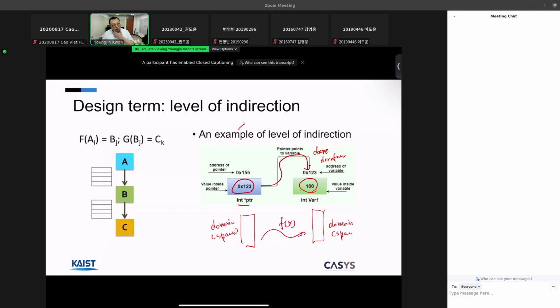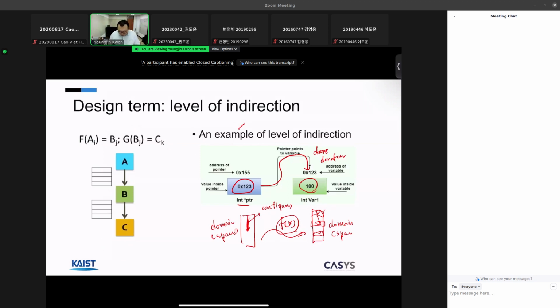What benefit does this level of indirection have? This area may be contiguous, but not necessarily in the corresponding part. This part may not be contiguous. This function creates a mapping of this contiguous space to non-contiguous space. This is one example of level of indirection.